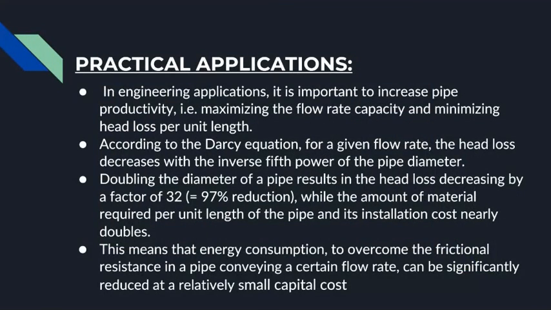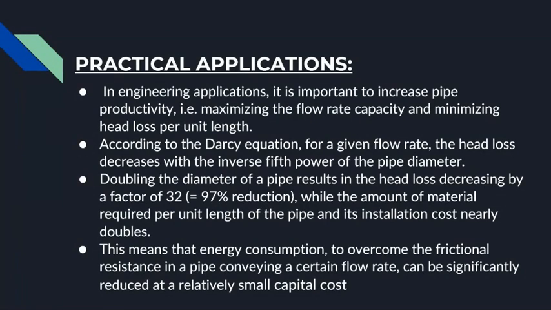So, before performing any experiment, we have to know what are the industrial applications of this experiment. In engineering applications, it is important to increase the pipe productivity, which means maximizing the flow rate capacity and minimizing head loss per unit length. According to the Darcy equation, for a given flow rate, the head loss decreases with the inverse fifth power of the pipe diameter.